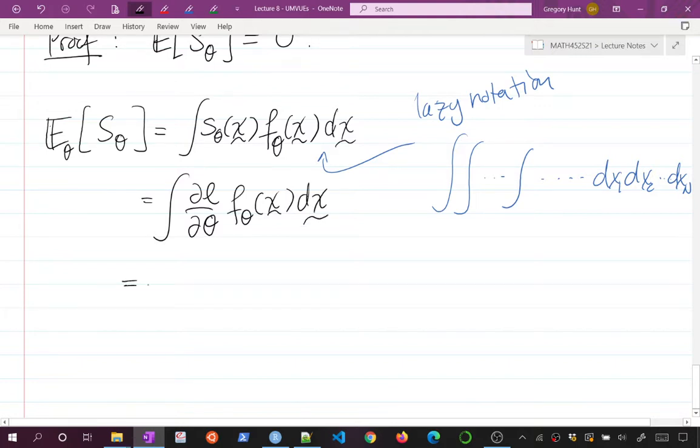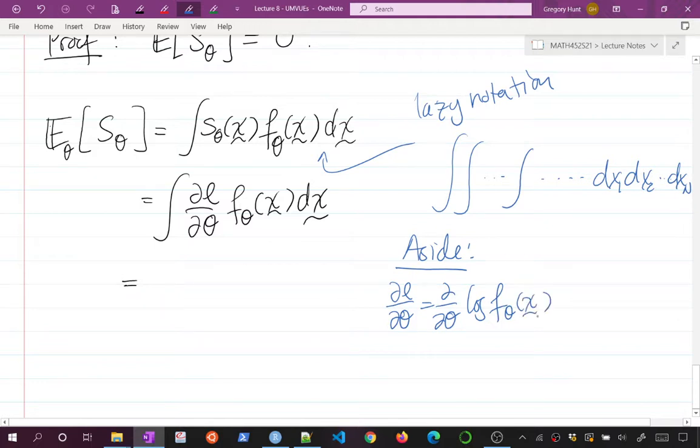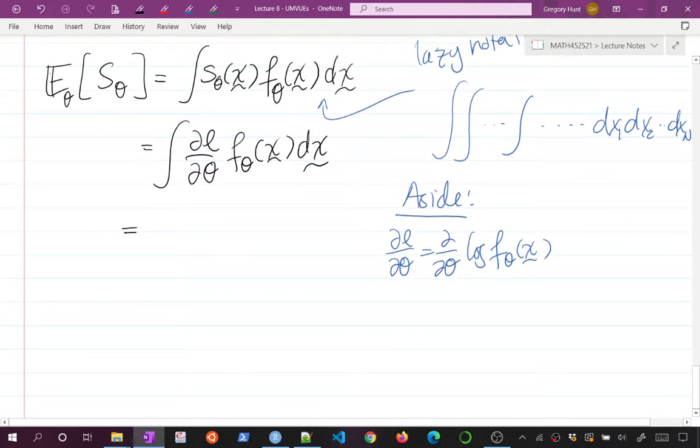So our side here is that dl d theta is dd theta of log f theta of x. That's the definition of L of theta.